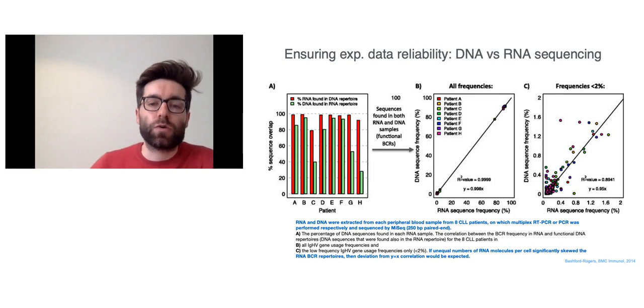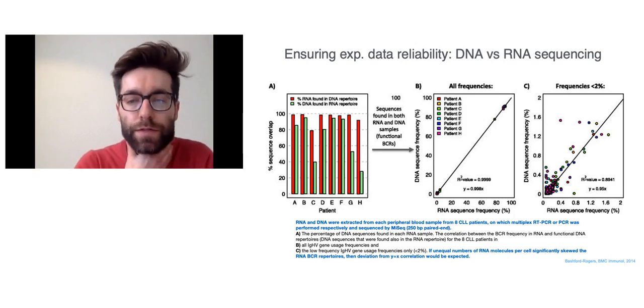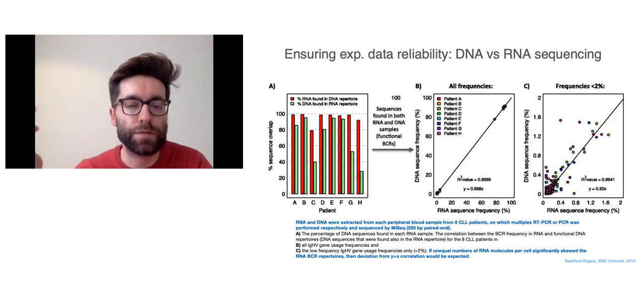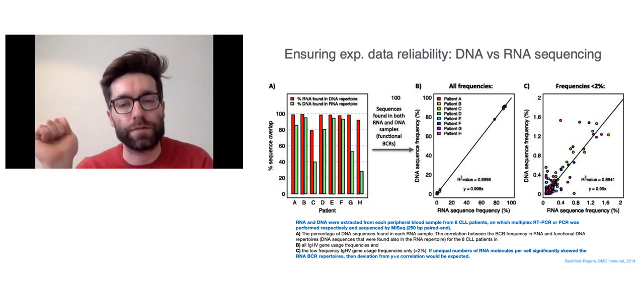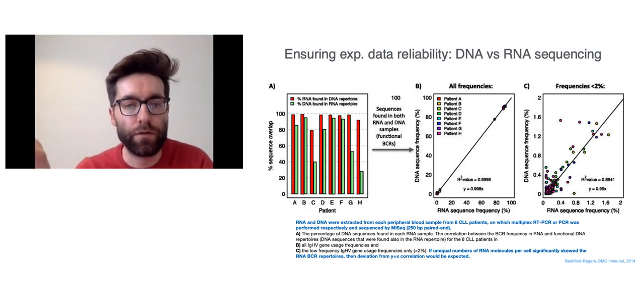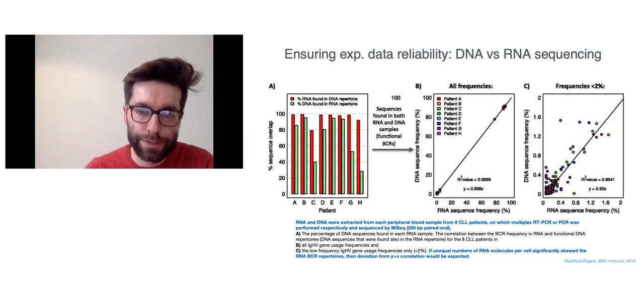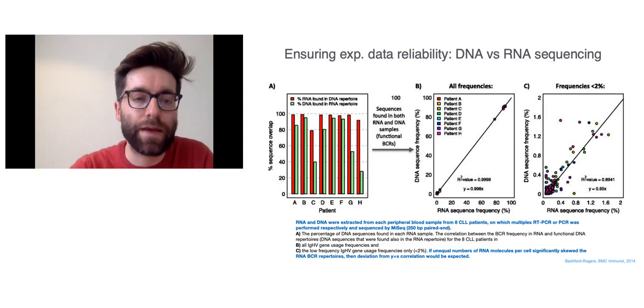This is also one of the few papers where people looked at the overlap of DNA sequencing and RNA sequencing, and here they found very high overlap or correlation, but there are very few papers that have looked into this.